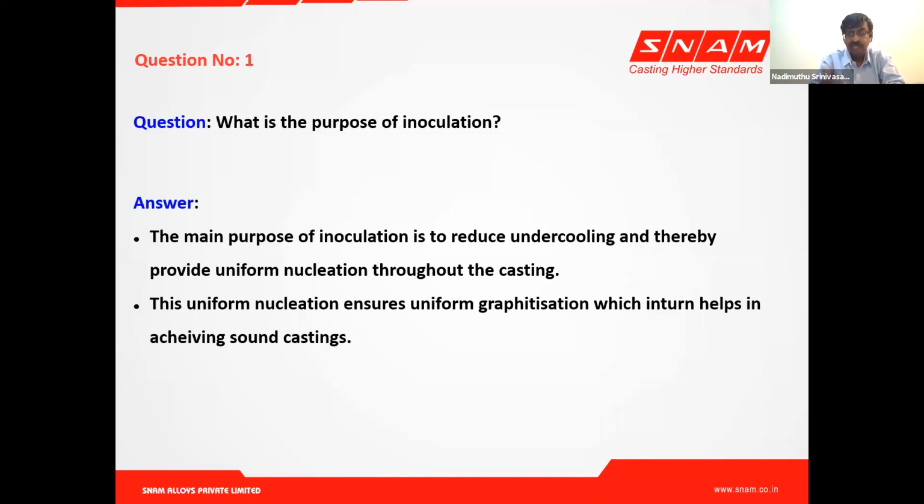And then if it suddenly solidifies, you have carbide formation. So you have to reduce that undercooling and see that the metal freezes at the eutectic temperature. This is the main purpose of inoculation. By doing that, there is a uniform graphitization, and that helps achieve a good casting.